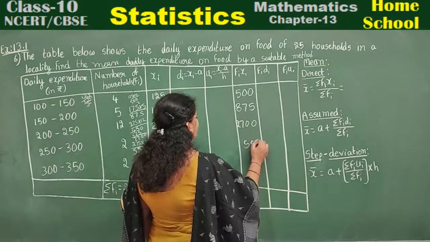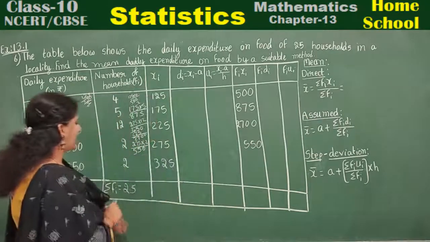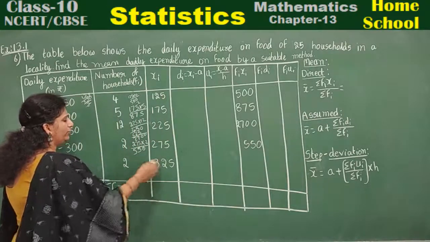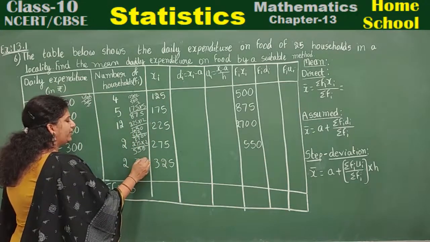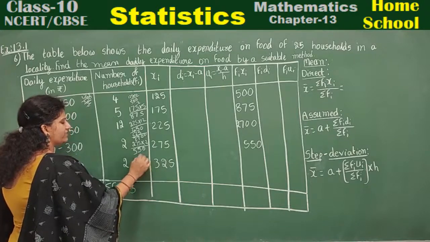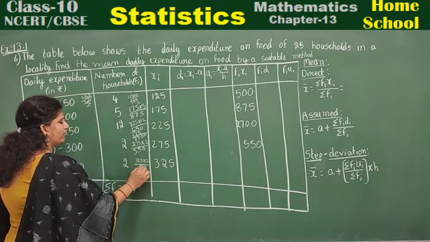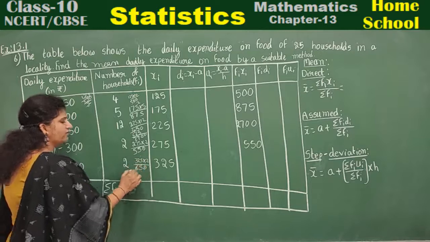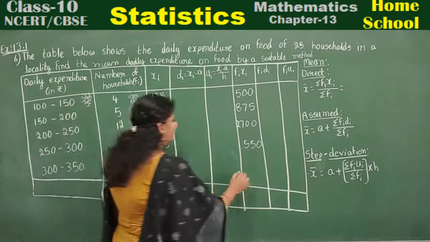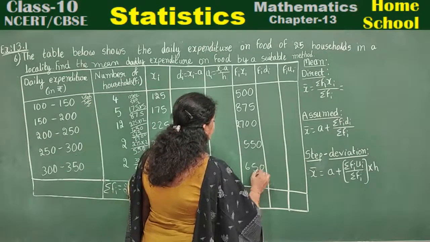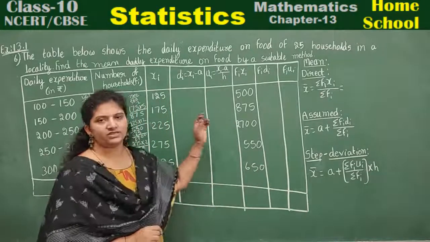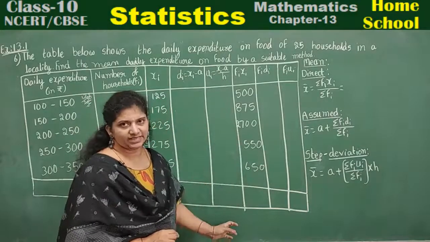And your last row, 2 into 325. 325 into 2 is 650.